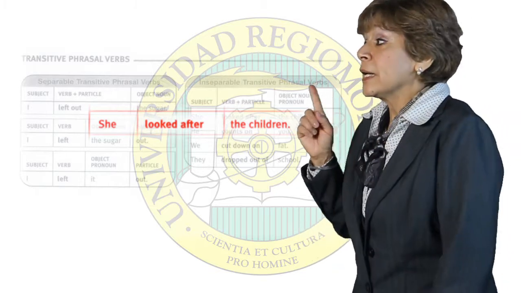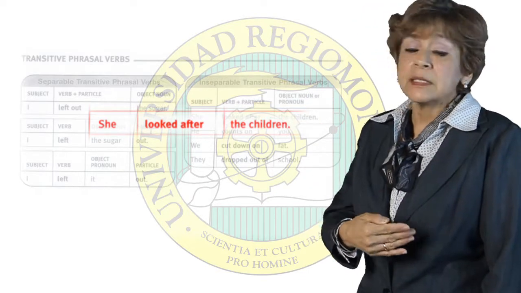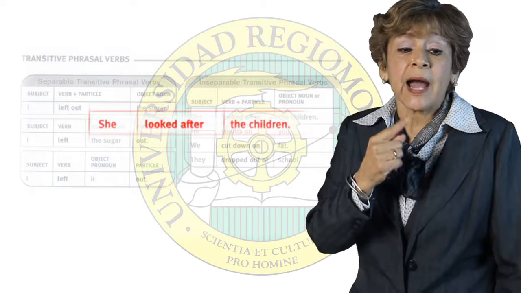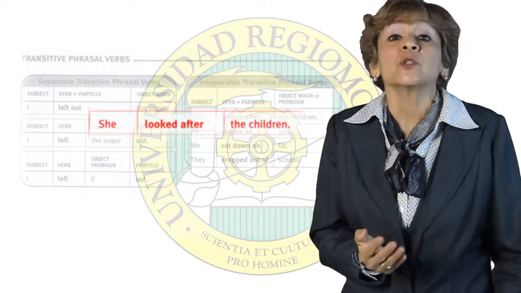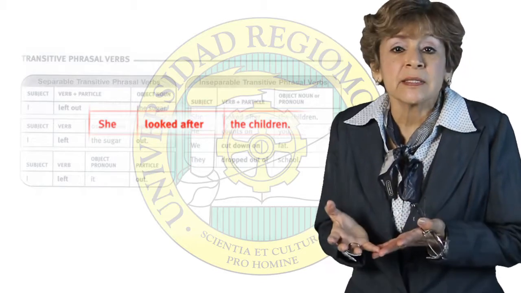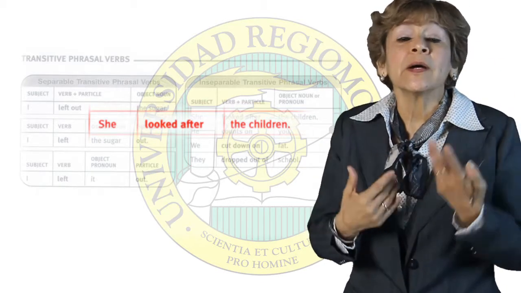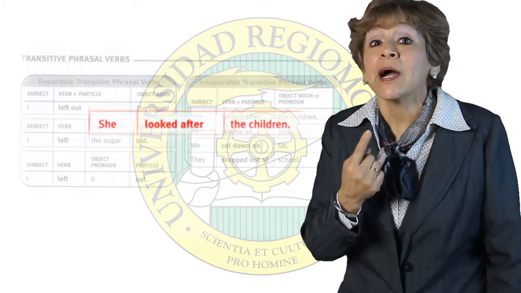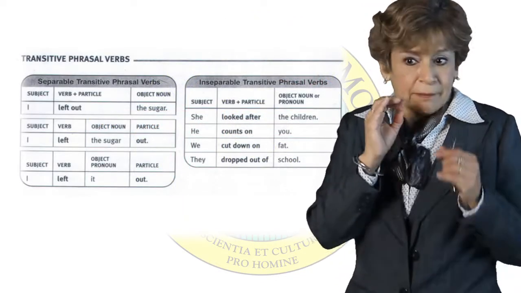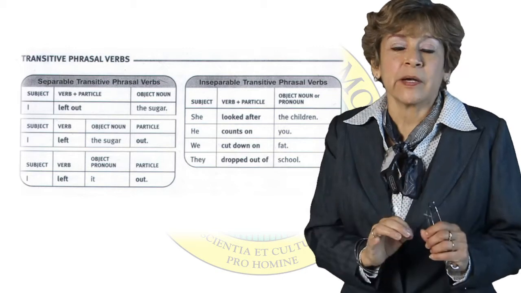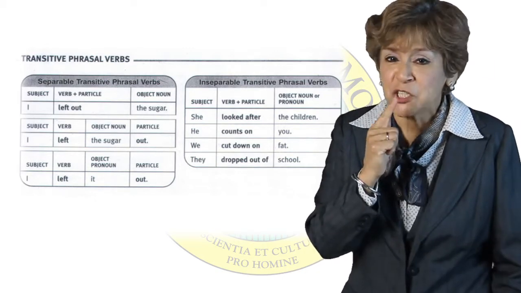And the idea here is covering three sentences. It's saying, she looked after the children. The meaning of looked after is to educate, to raise. A long time ago, grandmas used to look after the children. That's why they are very, very polite children, because of grandma's education.